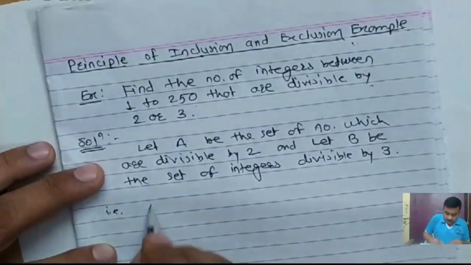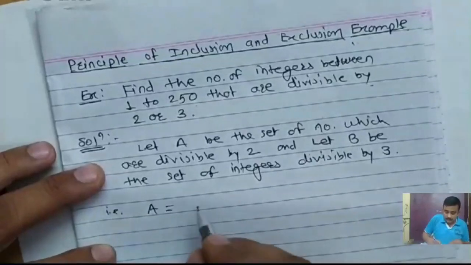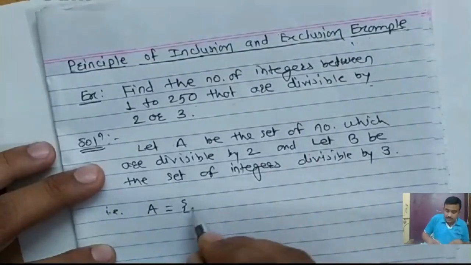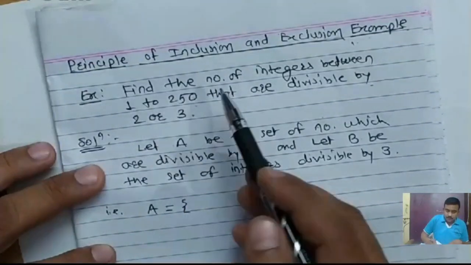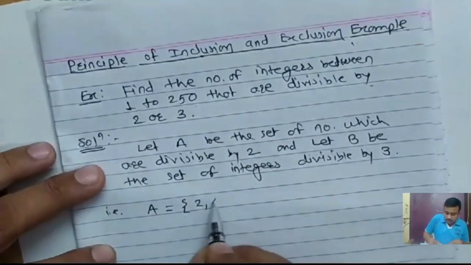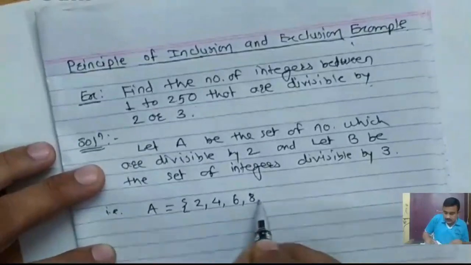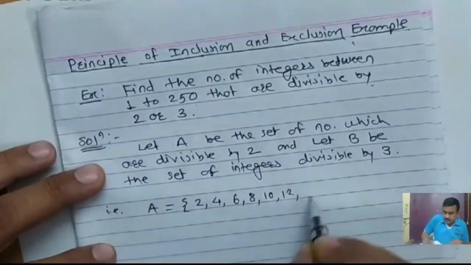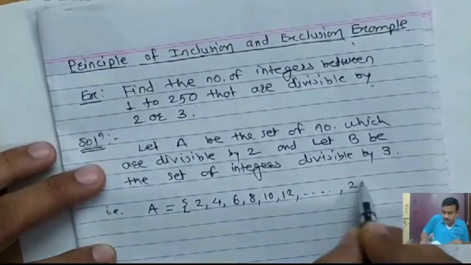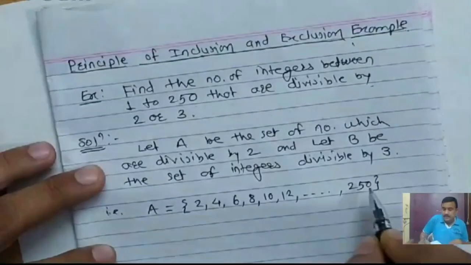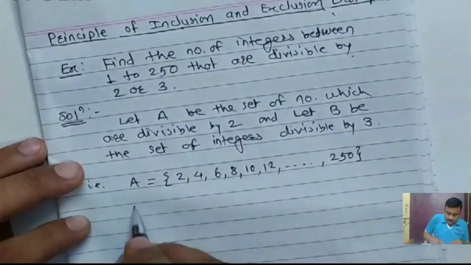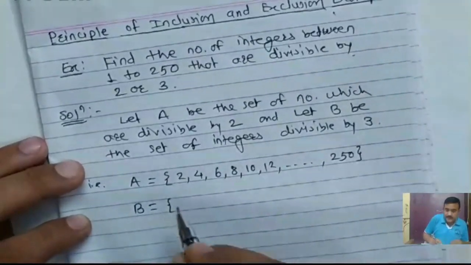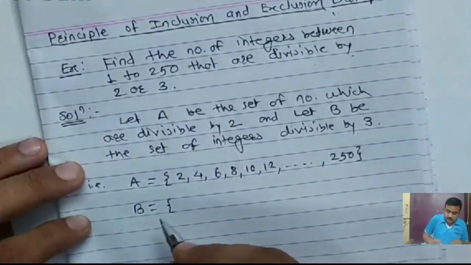A is the set of elements which are divisible by 2. The integers divisible by 2 between 1 to 250 are 2, 4, 6, 8, 10, 12 up to 250. The number 250 is also divisible by 2. Now set B is the set of integers which are divisible by 3.